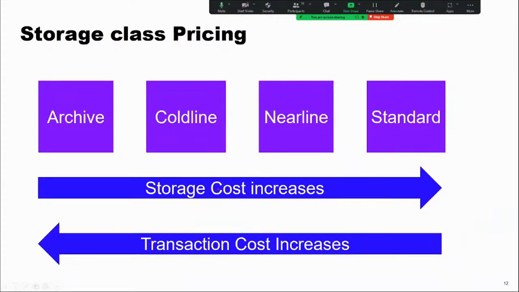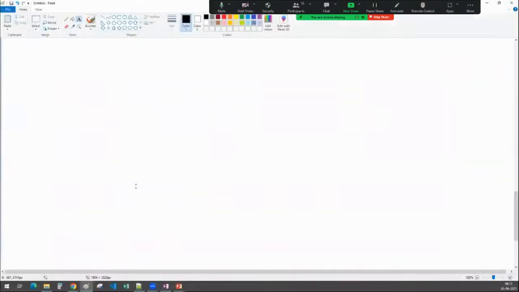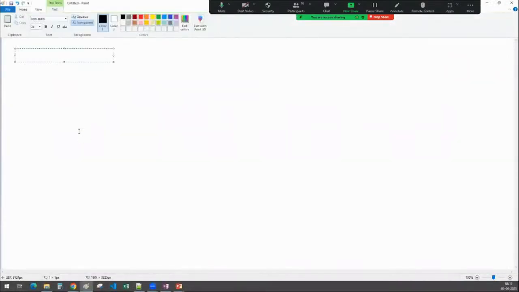I want you to understand one more point. There are 2 costs associated. When you interact with a service, any service, there are 2 costs associated, guys.